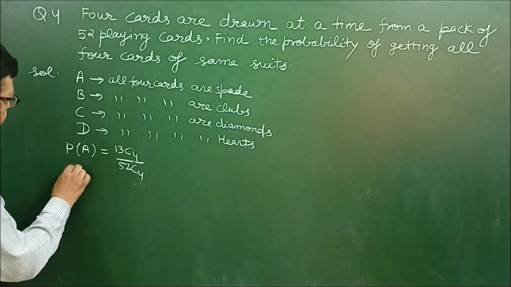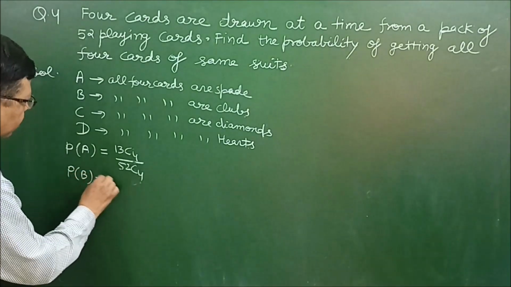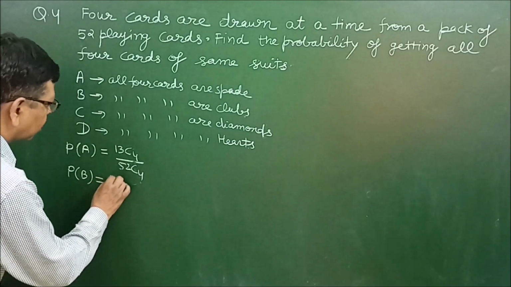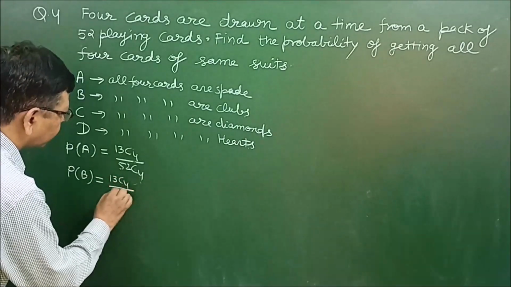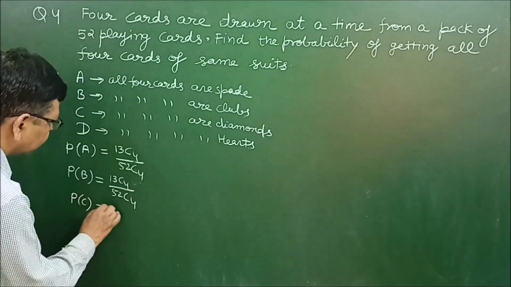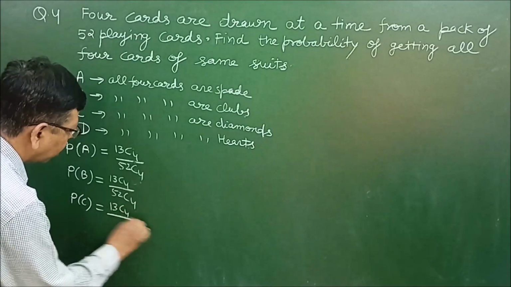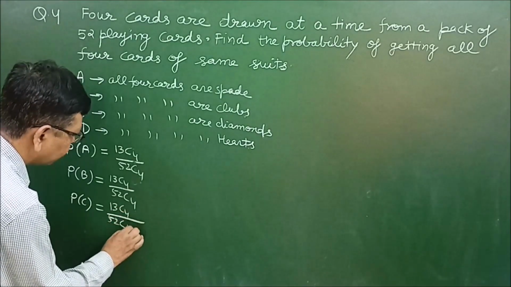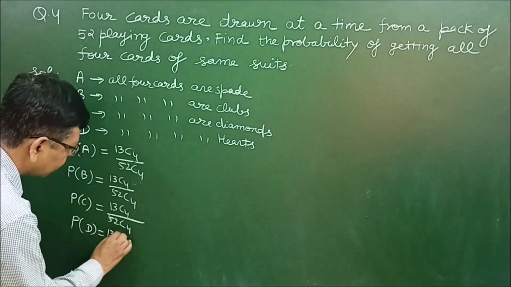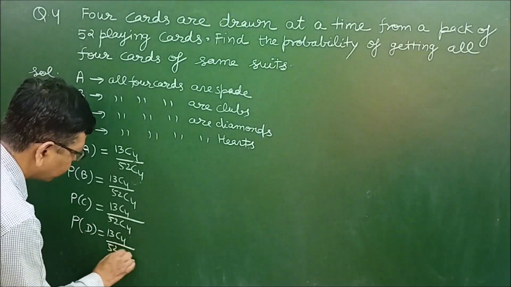Probability of B means drawing all the cards belonging to clubs, 13C4 upon 52C4. Similarly, probability of C is 13C4 upon 52C4. Probability of event D is equal to 13C4 upon 52C4.